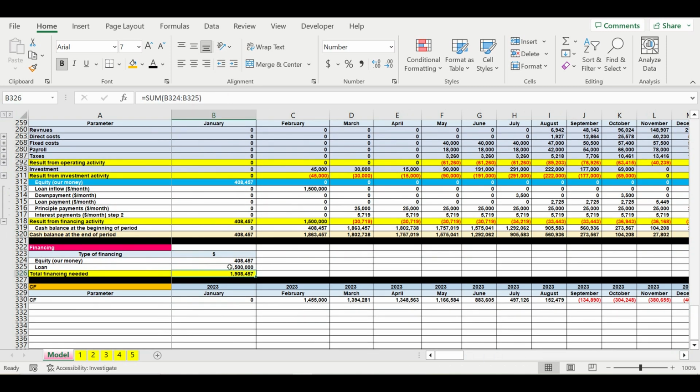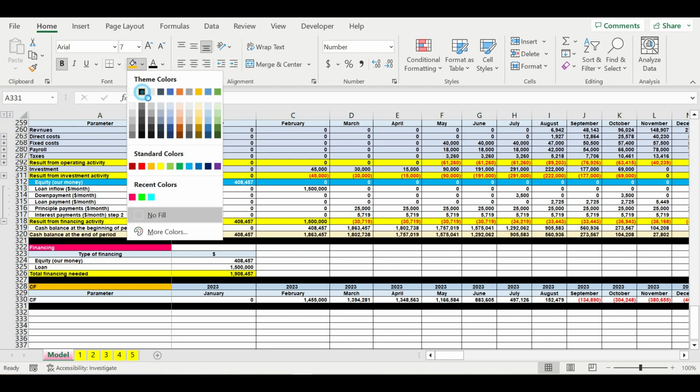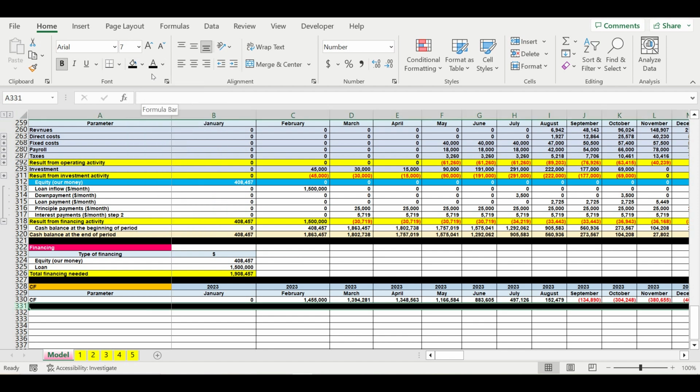Just look at this simple table and we will be able to see how much financing we need in this scenario, that scenario. So if you start testing your business ideas, how flexible your business idea is, this will be a very helpful tool to see quickly how much money you need in this case, in that case.